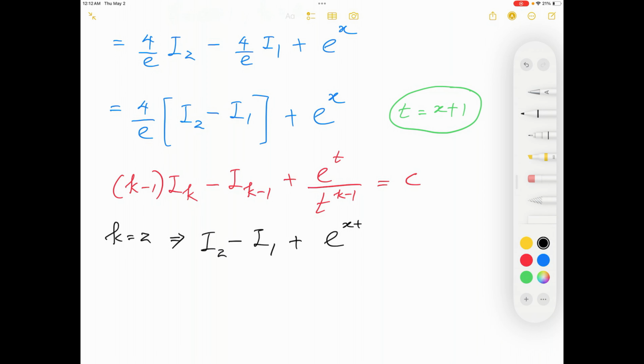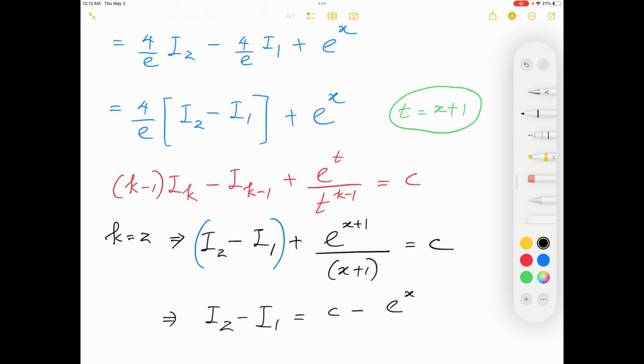E raised to the x plus 1 divided by t once again, which is x plus 1 raised to the k minus first power. Since k is equal to 2, k minus 1 is equal to 1. All that's equal to c. And what we need is I2 minus I1. I2 minus I1 is going to be equal to c minus e raised to the x plus 1 over x plus 1.